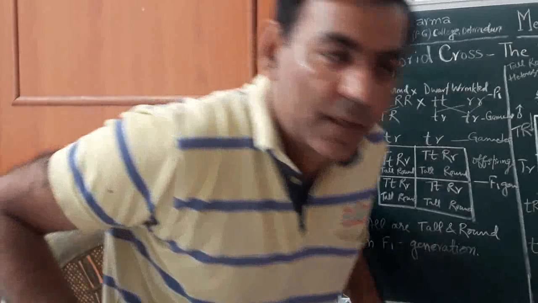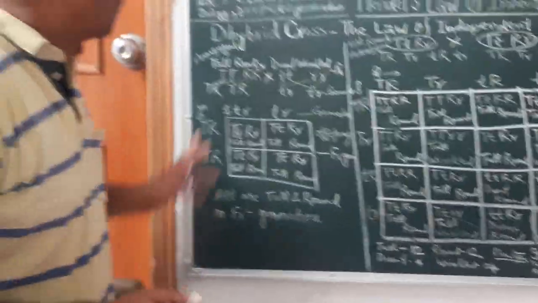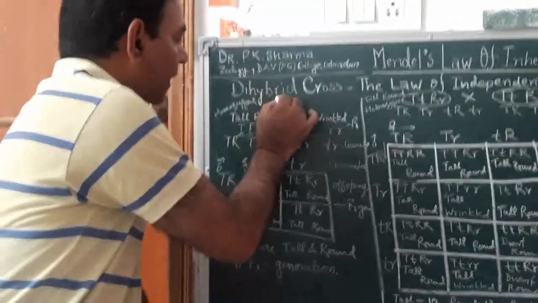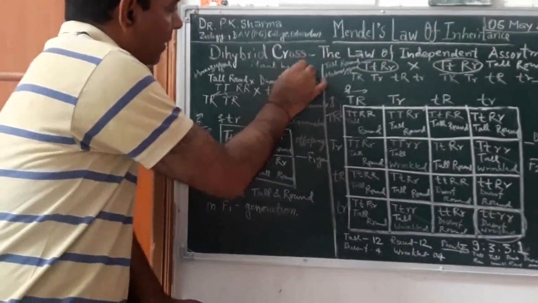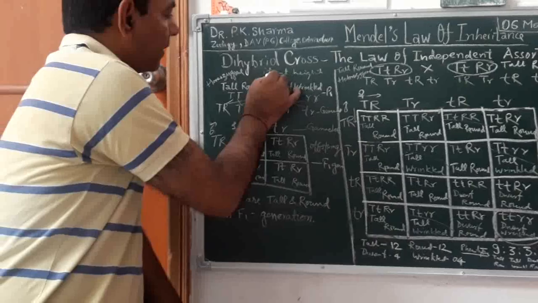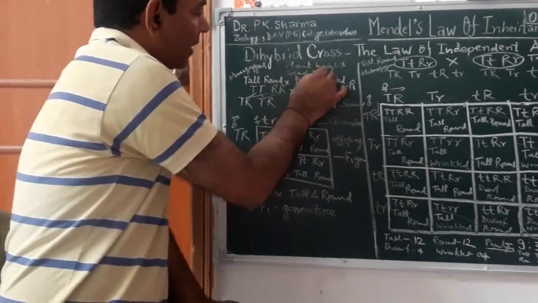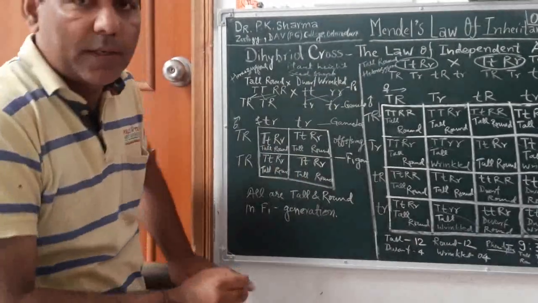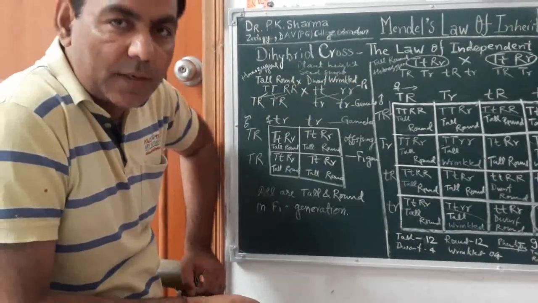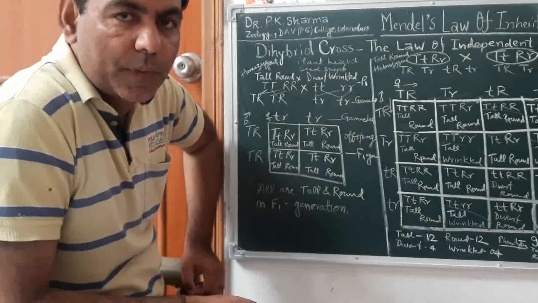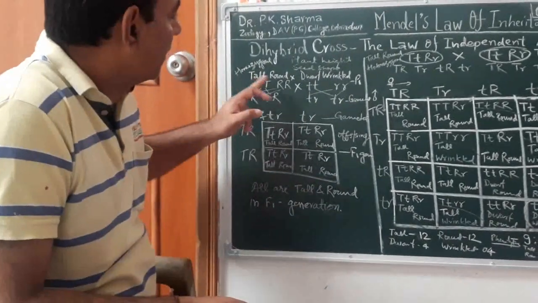Now in this we can take two characters, one is plant height and another is seed shape. For the first character, plant height, Mendel chose two traits, tall versus dwarf.